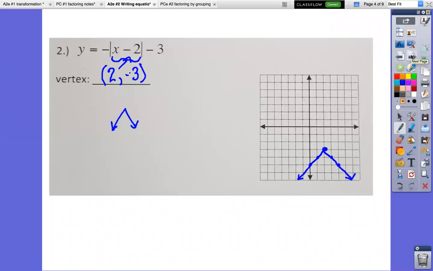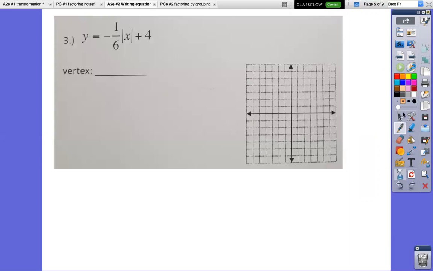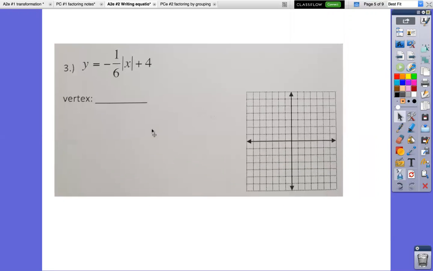All right, so let's look at the next one. Take a second, try this on your own real quick. At the very least, make sure you know what it should look like.